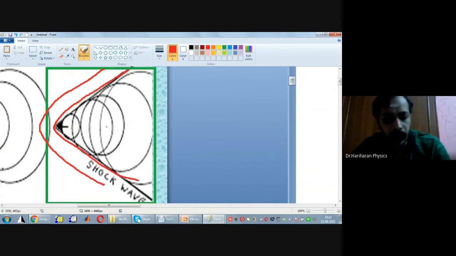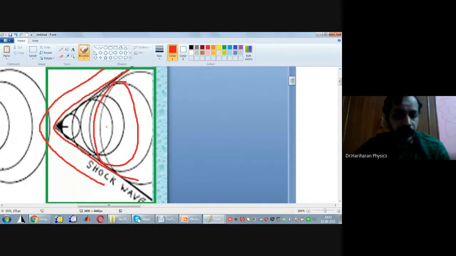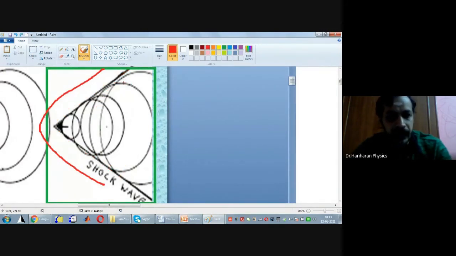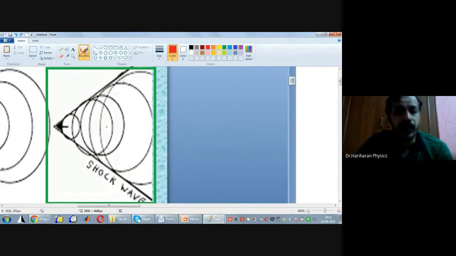So therefore the sound vibrations that are within this cone, we call hypersonic waves. Once again I will repeat. Look here, if the speed of an object is very small, then the locus of direct common tangent is going to be a straight line.